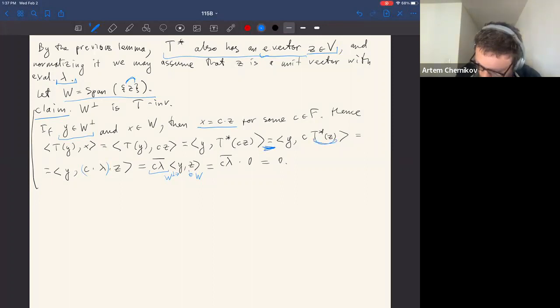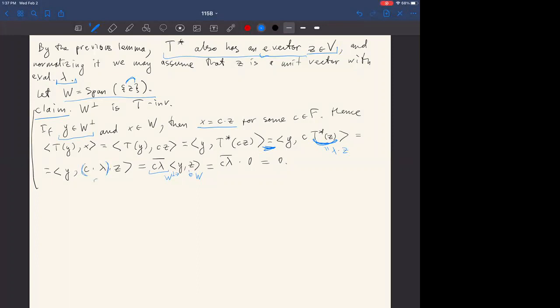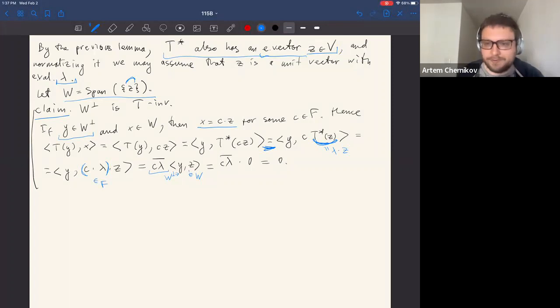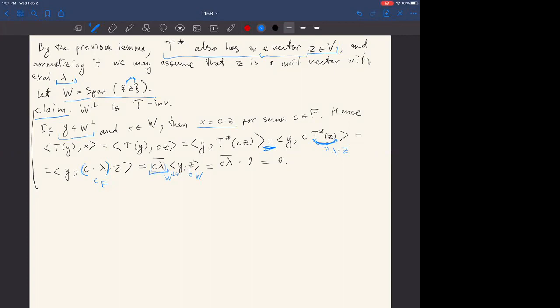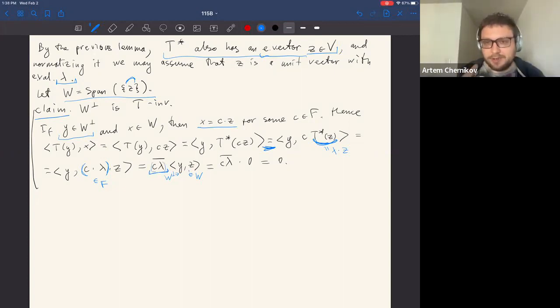Now I evaluate T star of Z. So T star of Z is equal to lambda times Z. But then on the next stage, I just have C times lambda times Z, but C times lambda is an element of F. So it's just a scalar in F. So when we want to take the scalar out of the right coordinate in the inner product, we have to take the complex conjugate. So we take the complex conjugate of C lambda, because it's a scalar in F. And so we took it out, and then the inner product is 0.